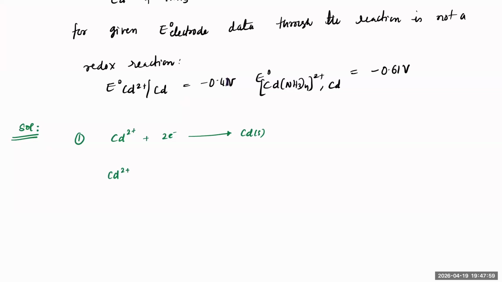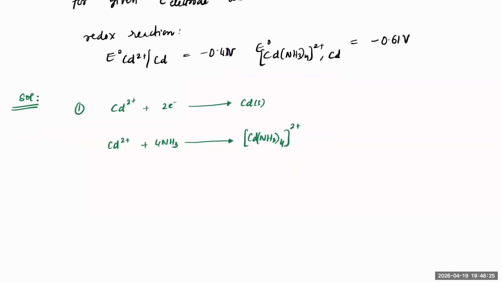Similarly, cadmium 2 plus plus 4 moles of ammonia gives Cd(NH3)4 2 plus. Got it? This is the formation equation.